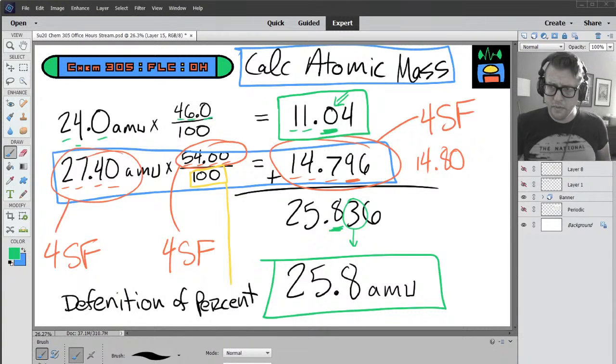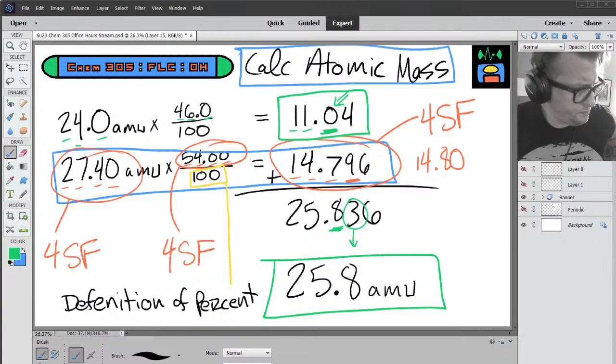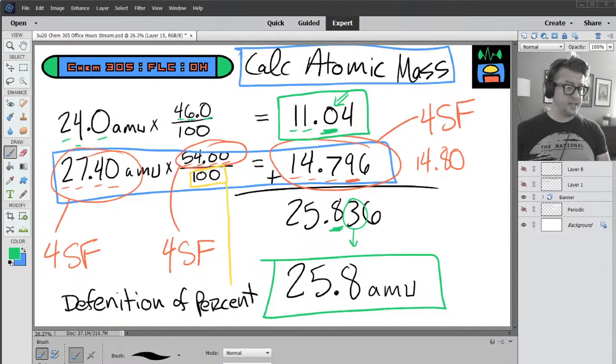So what about protons and neutrons in general? I'm not sure I understand what you're asking specifically.